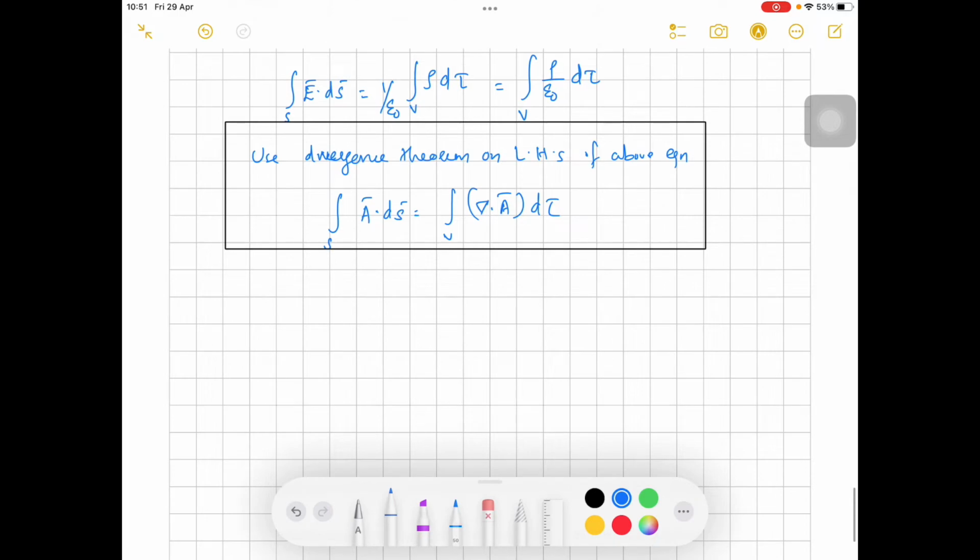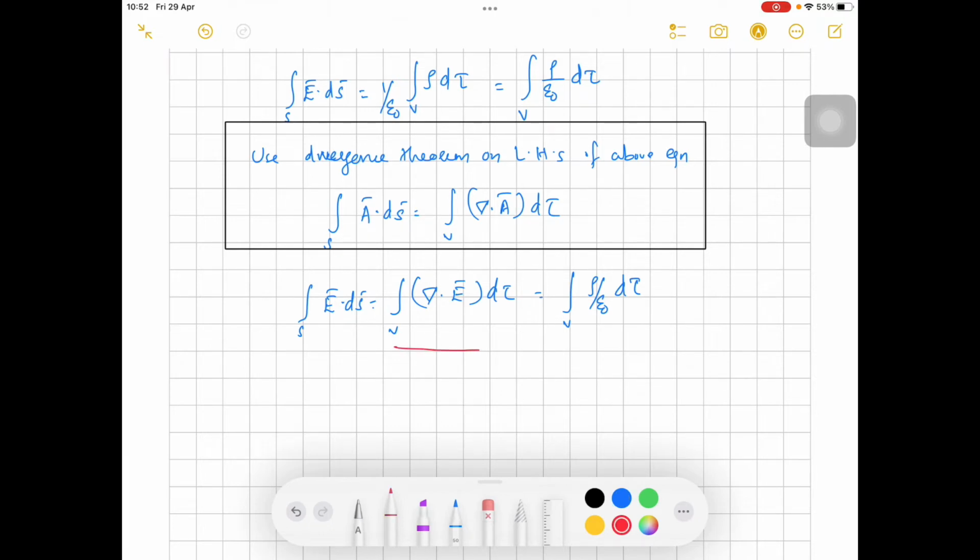So instead of surface integral E dot ds, we can write volume integral del dot E d tau, just as in the above equation. Substitute this and you will get it is equal to volume integral rho by epsilon 0 d tau.